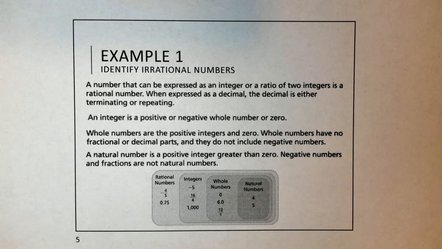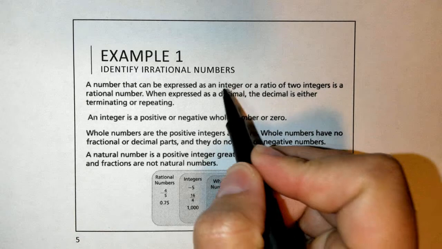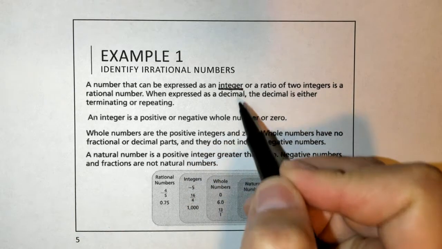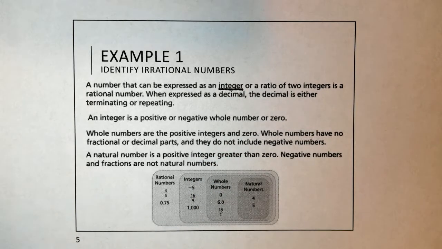A couple of things just to go over before we dive into what irrational is. There's some things that you should already be familiar with. A number that can be expressed as an integer, or a ratio of two integers, is a rational number.